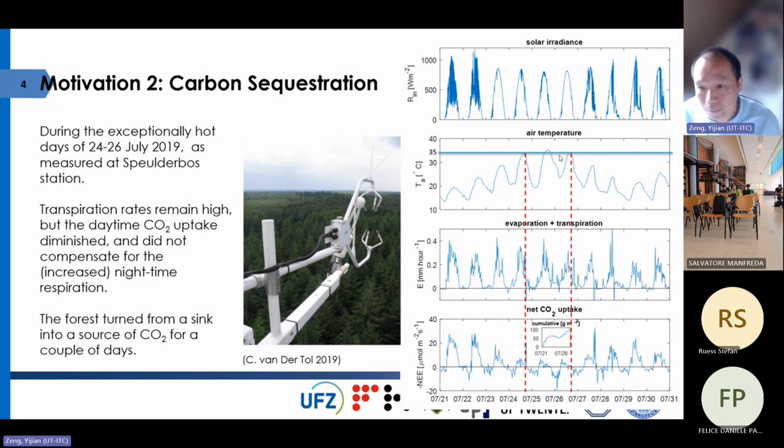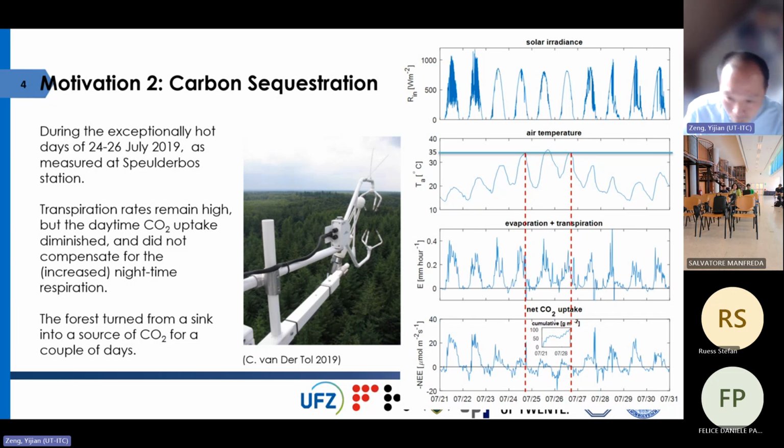So during these 3 days, although the evapotranspiration remains high, the carbon uptake is diminished. During the nighttime, you can see a very big respiration compared to other days, and this is not compensated, which means during these 3 very hot days, the forest actually turned from a carbon sink to a carbon source.